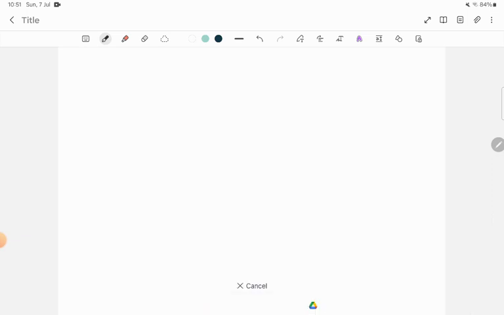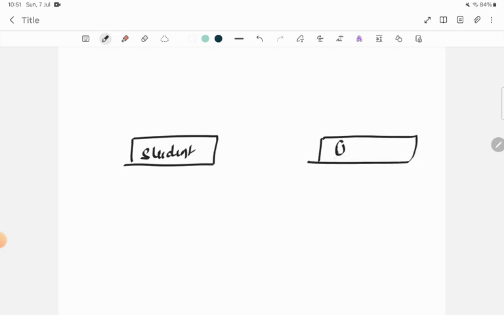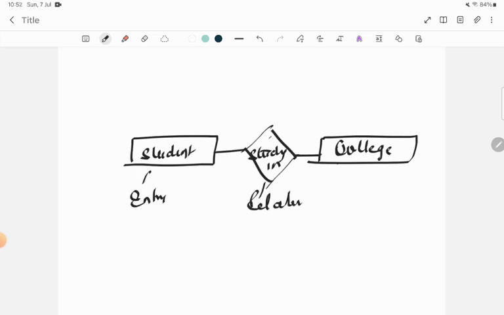For example, we have a student entity and a college entity, and a student studies in college; this is the relation. The student has an attribute ID, which is a key attribute.